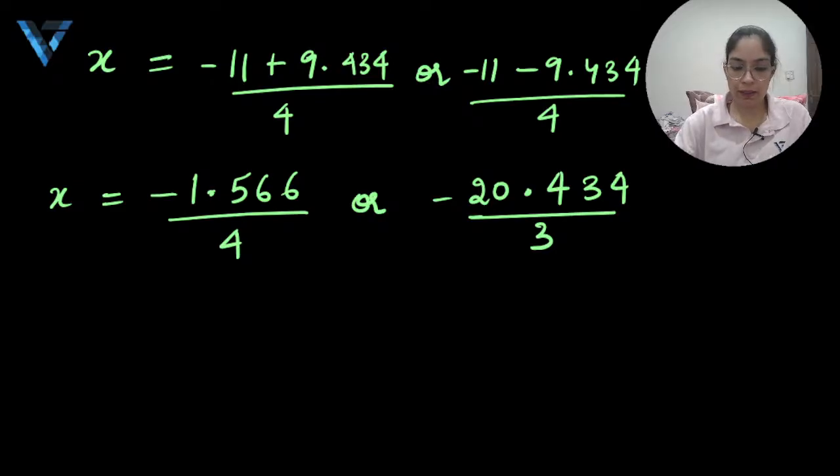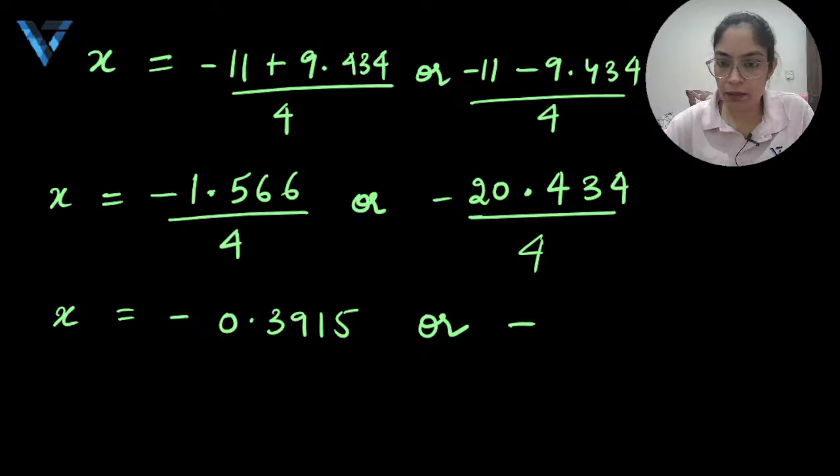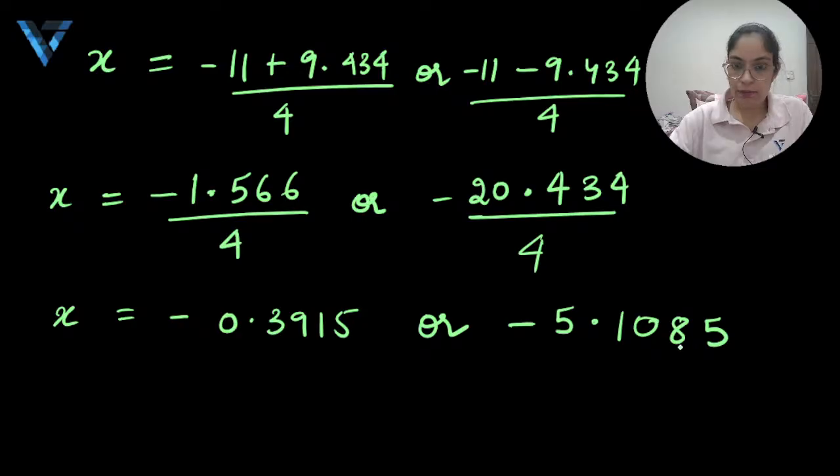After dividing we get minus 0.3915, or minus 5.1085.